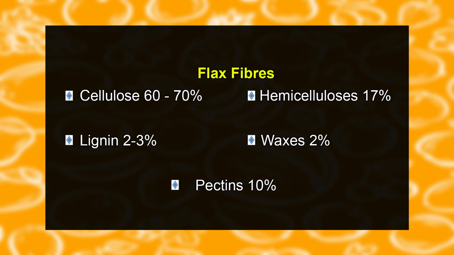The process of retting tends to separate the bundles of flax fibers into individual fibers, although many fibers remain together in bundles. Flax fibers contain 60 to 70% cellulose, hemicellulose 17%, lignin 2 to 3%, waxes 2%, pectins 10%, and natural coloring matter.